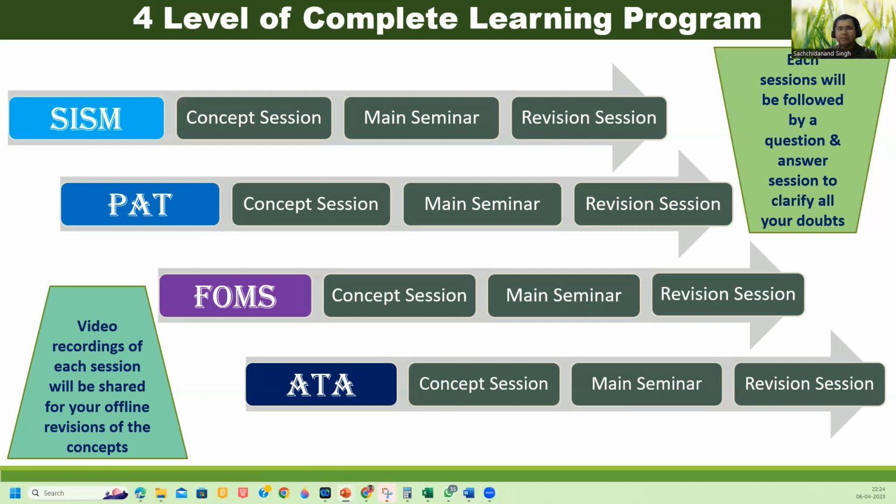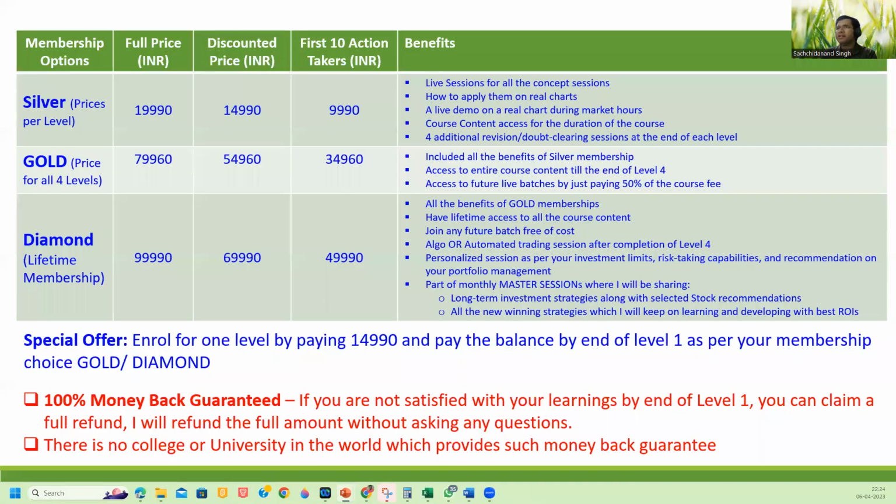So here I'm going to share a very simple plan, a membership plan I have come up with for you. You can choose the silver plan, where you select an individual level first, complete it, and based on your learning capability and how much you are able to learn and apply, you can decide to continue further.